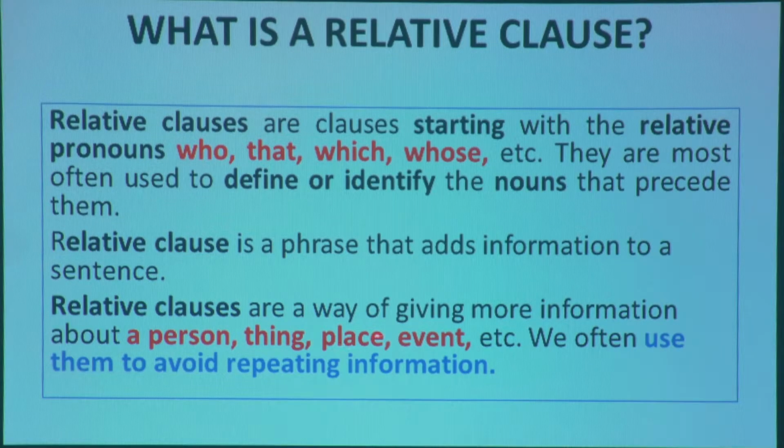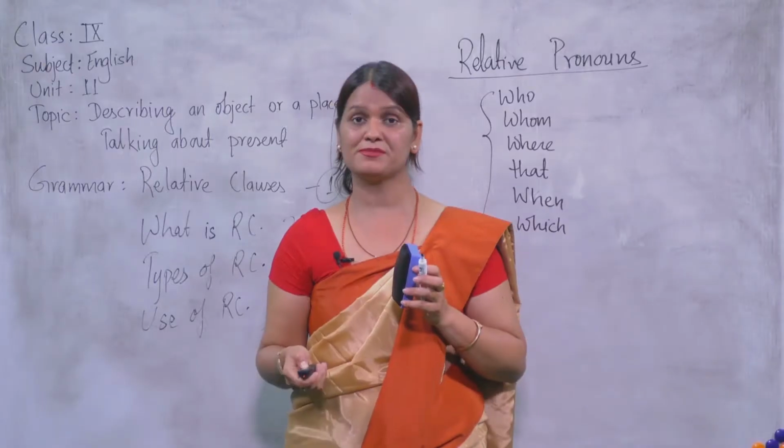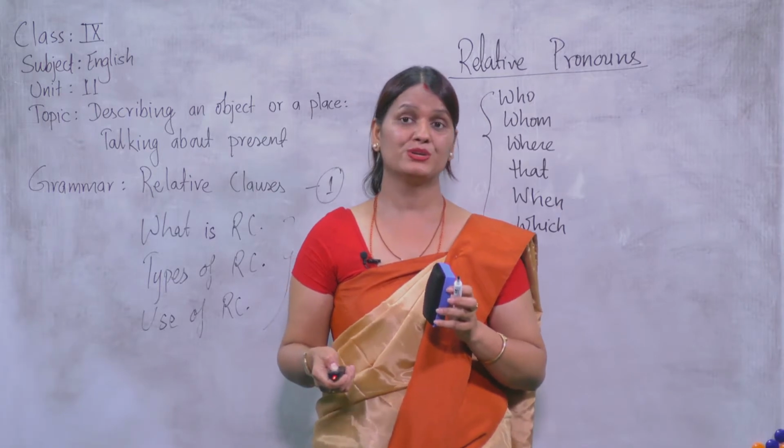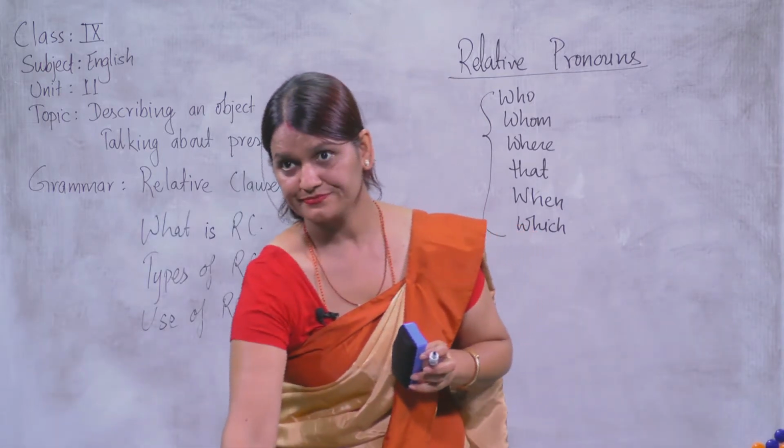Relative clauses are a way of giving more information about a person, thing, place, and event. We often use them to avoid repeating information. Okay, if we write the same noun or same subject repeatedly, it looks awkward. So not to repeat the same information time and again, we use relative clauses.